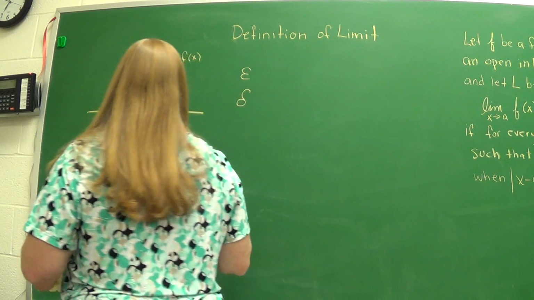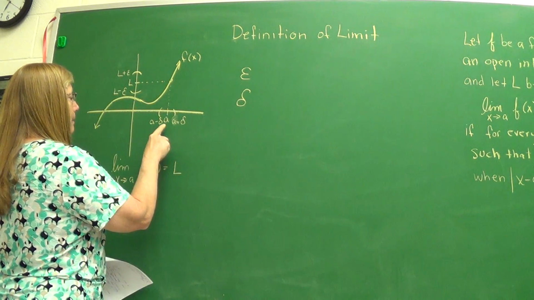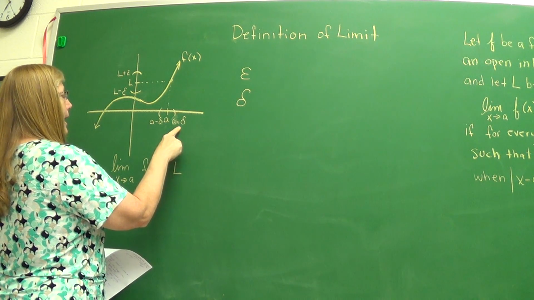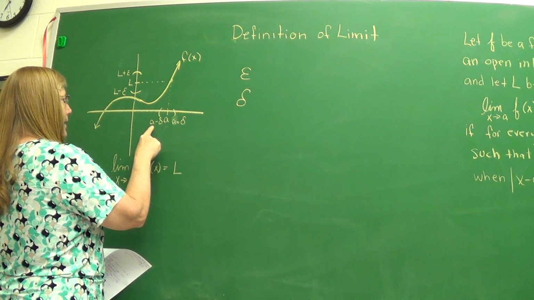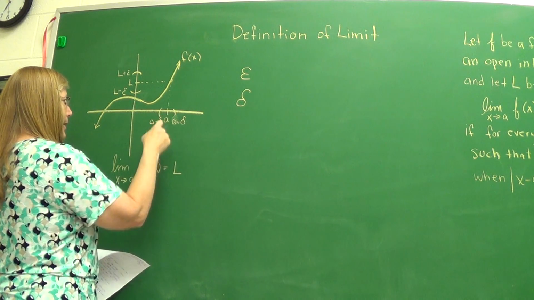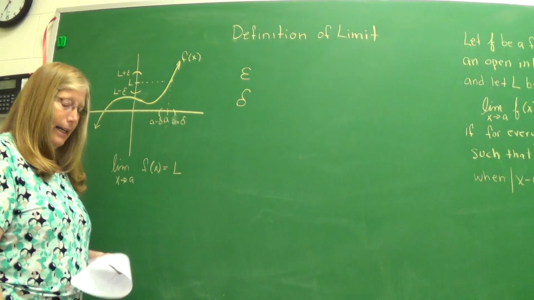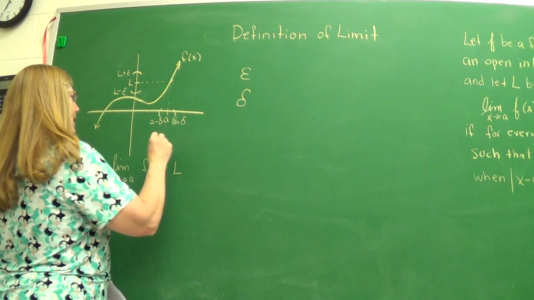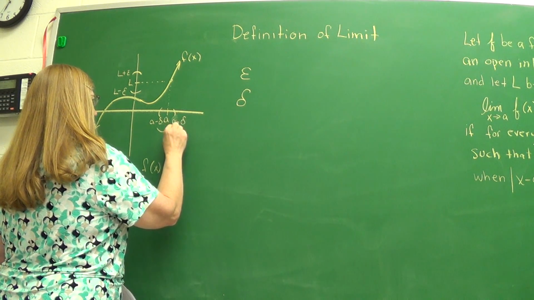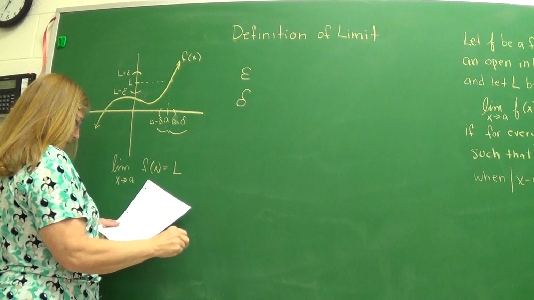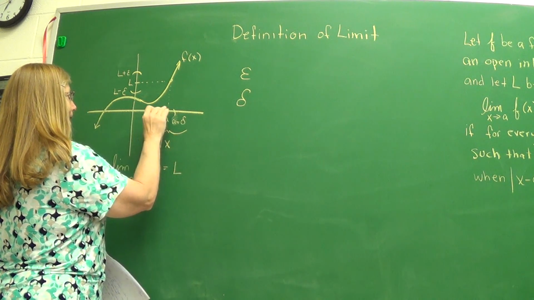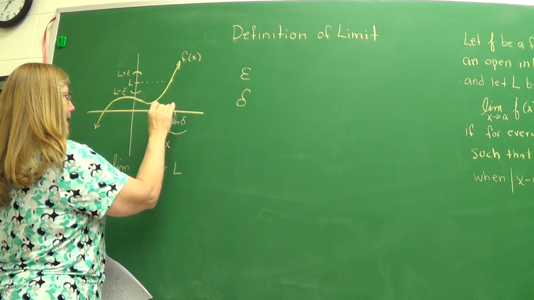When we're talking about being at A and going up A plus delta from A and going back A minus delta from A and establishing an interval around A, we can write that with an absolute value symbol. So all this can be stated mathematically as the absolute value of x minus A is less than delta. Remember, we're picking values for x inside this interval.